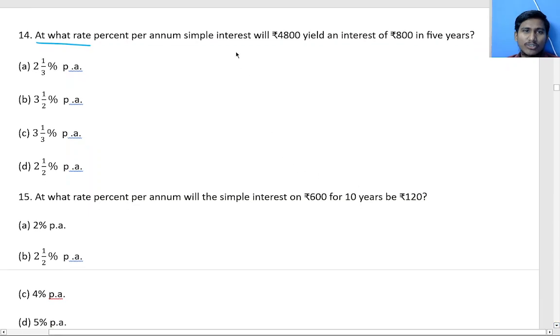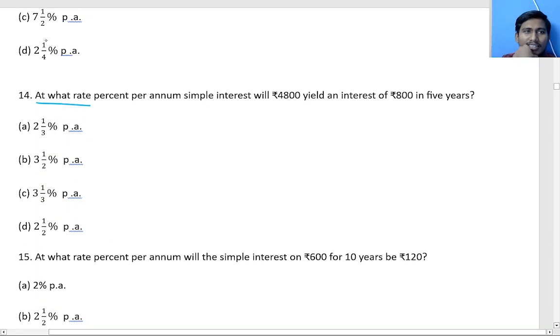So see here, the 14th question, right? It says at what rate percentage, means we have to find the rate. That is R we have to find.